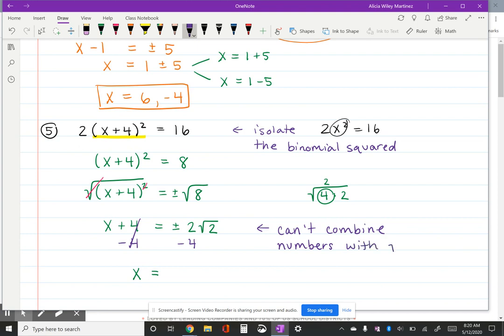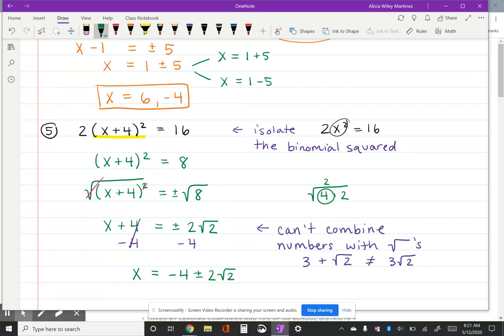Terms that are just numbers and terms that have square roots cannot be combined. So we literally just write them side by side. If you have 3 plus the square root of 2, it's not equal to 3 times root 2. Those are not the same thing, so don't make this mistake. So we're just going to write negative 4 plus or minus 2 root 2.